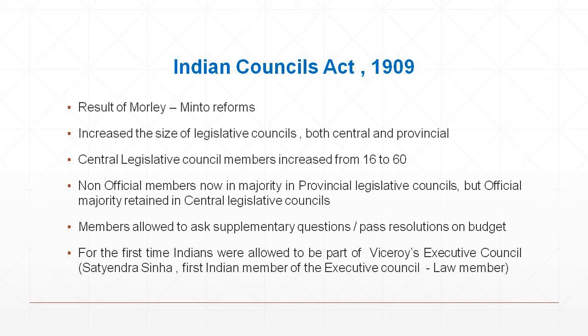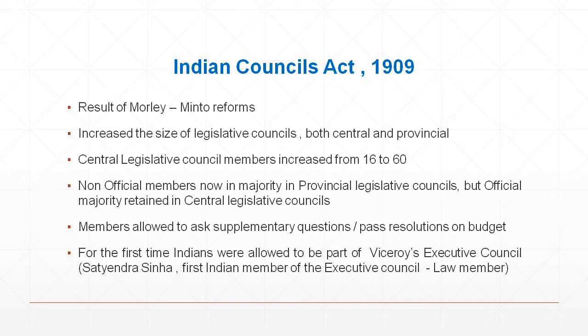The features of this act were as follows. Number one, it considerably increased the size of the legislative councils both at the central and the provincial level. The number of members in the Central Legislative Council was raised from 16 to 60. It's a significant rise. The number of members in the provincial legislative councils was not uniform. So, for a larger province, you have a larger number of people.